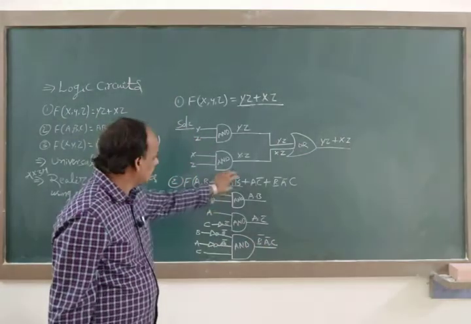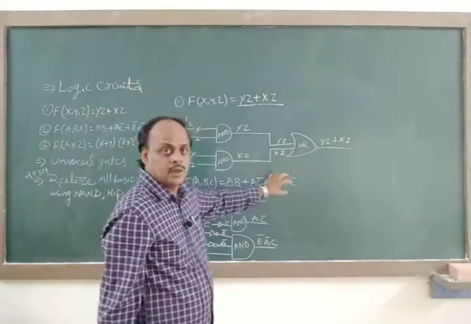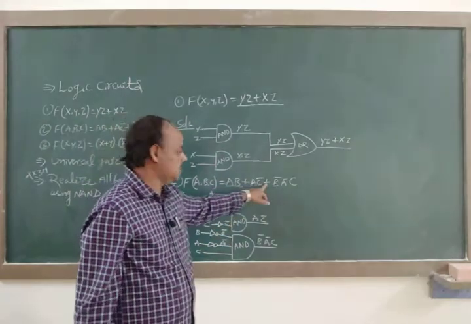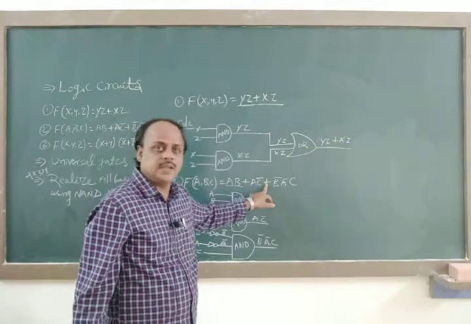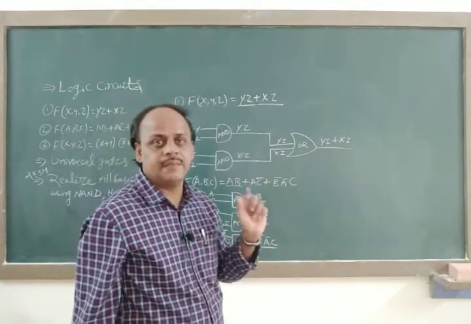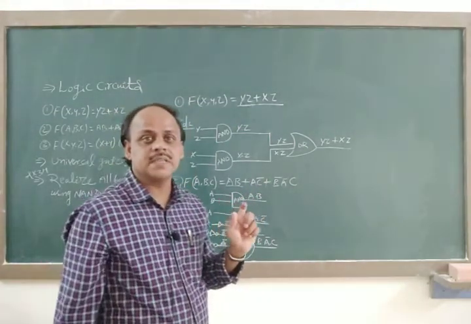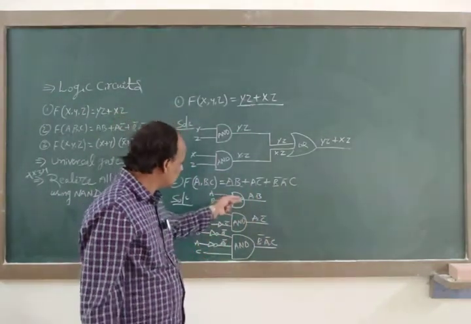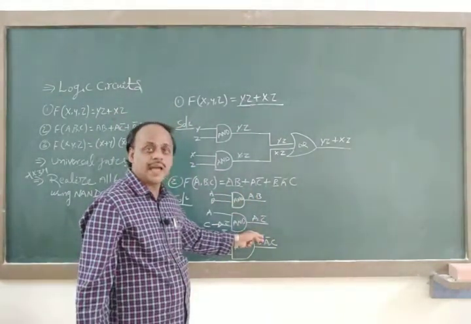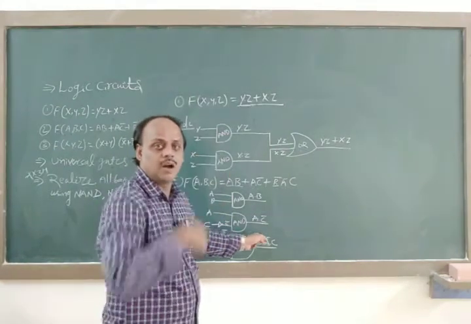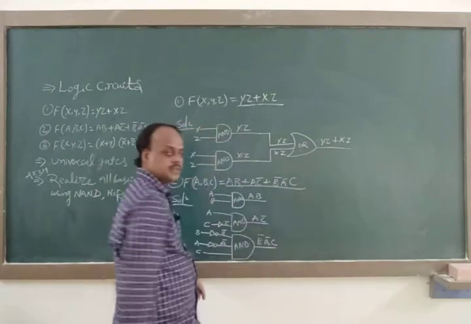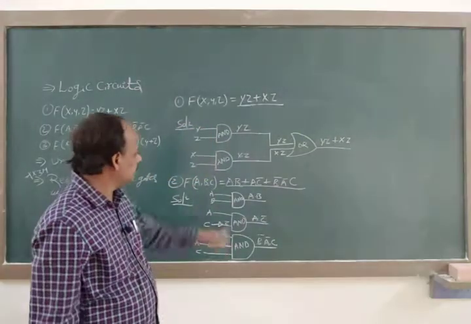See here, all the three terms are over. Between all the three terms, plus is there, that is logical addition. Logical addition is represented using OR gate. That's why we have to pass this output as input to the OR gate, then we are getting this as result.